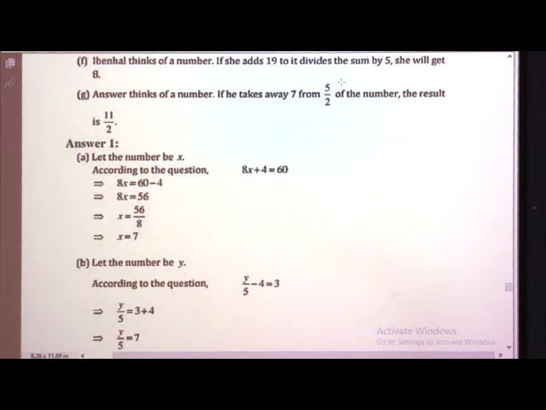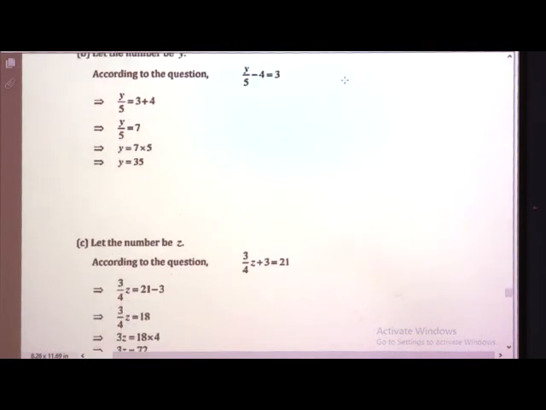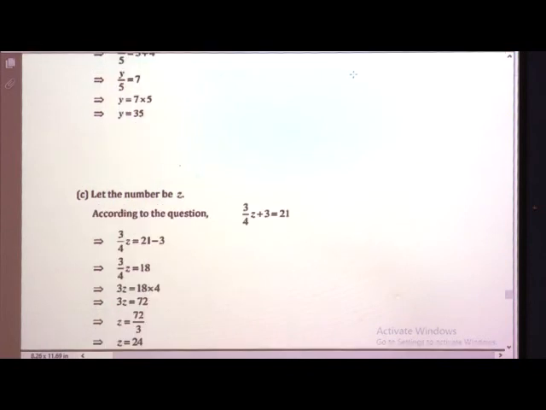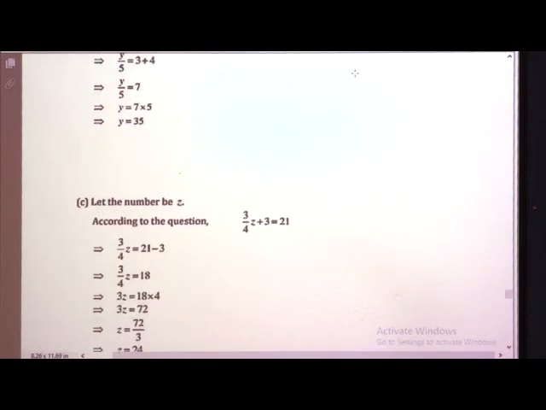So by reading the statement we can form an equation and we have to find its value. Let the number be z. I have taken x, y, z, you can take your own. So 3 upon 4 z plus 3 is equal to 21.